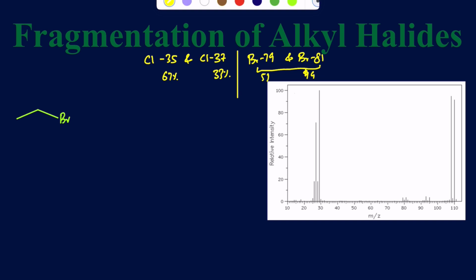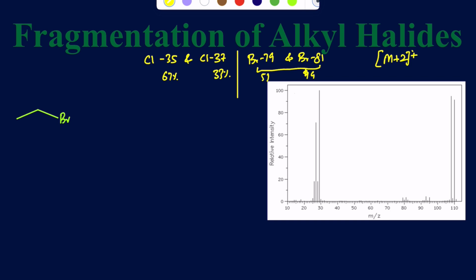So you see a significant M plus 2 peak for these. You would have M plus 2 radical cation peaks for these, and no other halogens or atoms really show that significant M plus 2 peak. Now, how do you differentiate between chlorine and bromine?